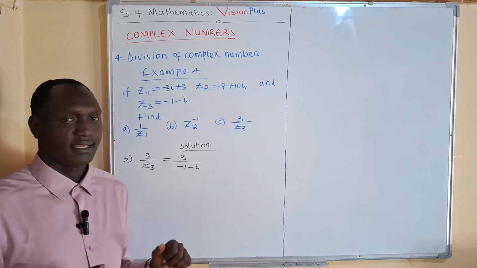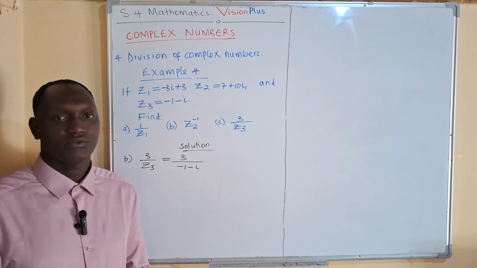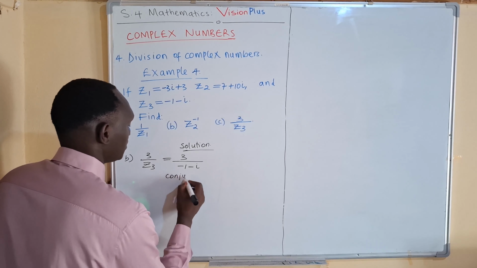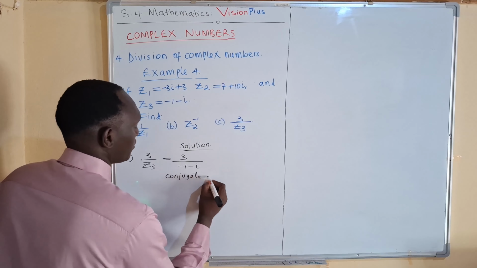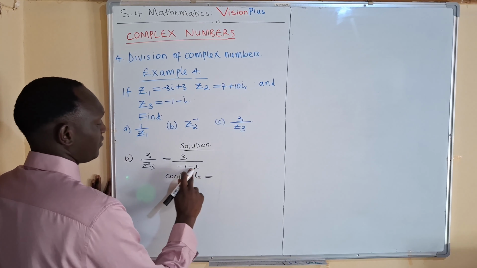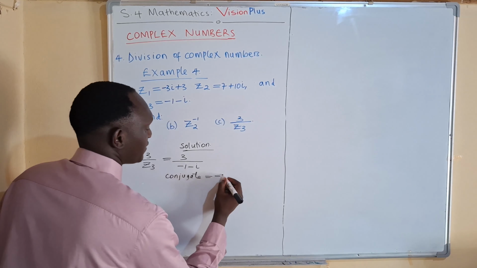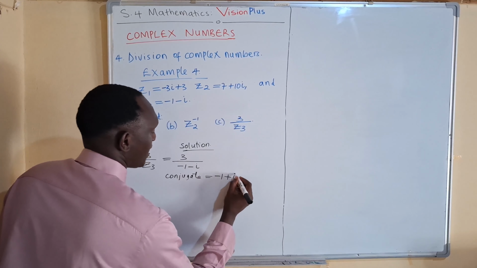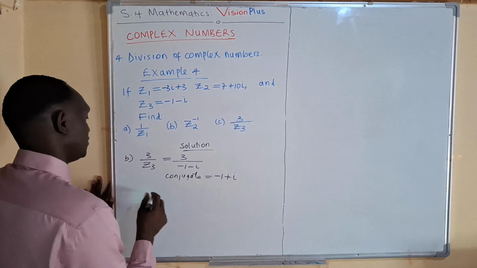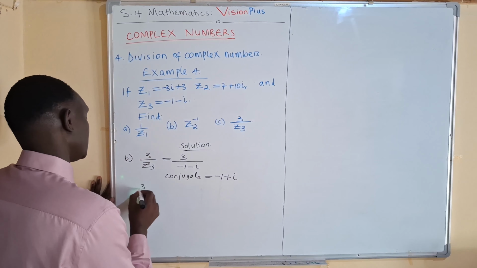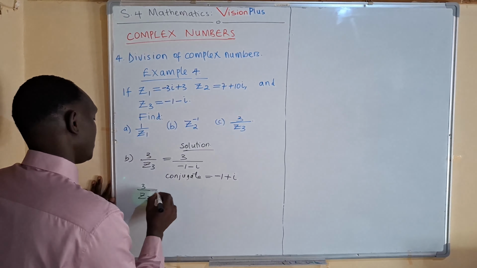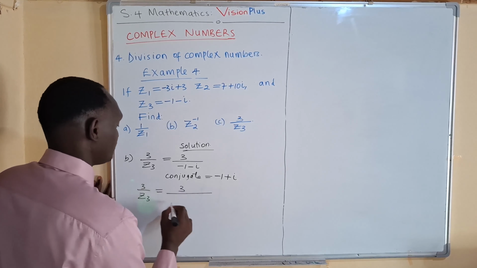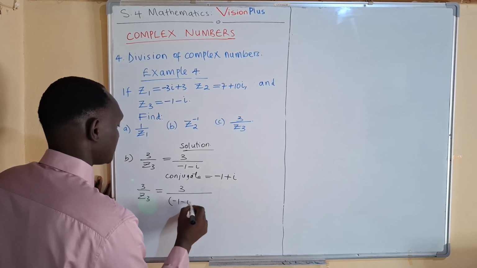Since there is i and there is a real part as well, we need to get the conjugate of the denominator, which we do by changing the sign of the imaginary part. So here we have negative 1, and we change the sign from negative i to positive i. And then we multiply.